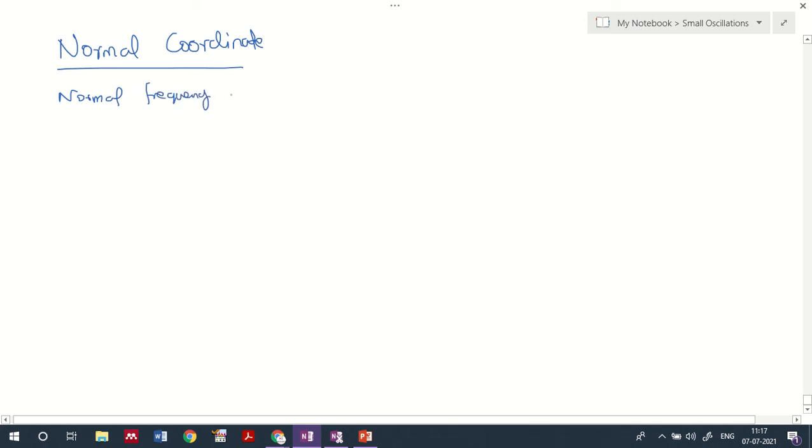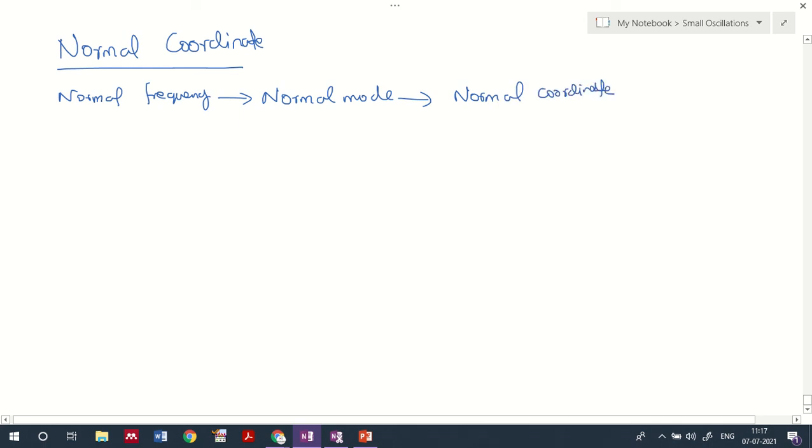First we found the normal frequency, then with that normal frequency the corresponding normal modes, that is the eigenvectors, with the eigenfrequency values. Now we need to identify the normal coordinate representation of this.